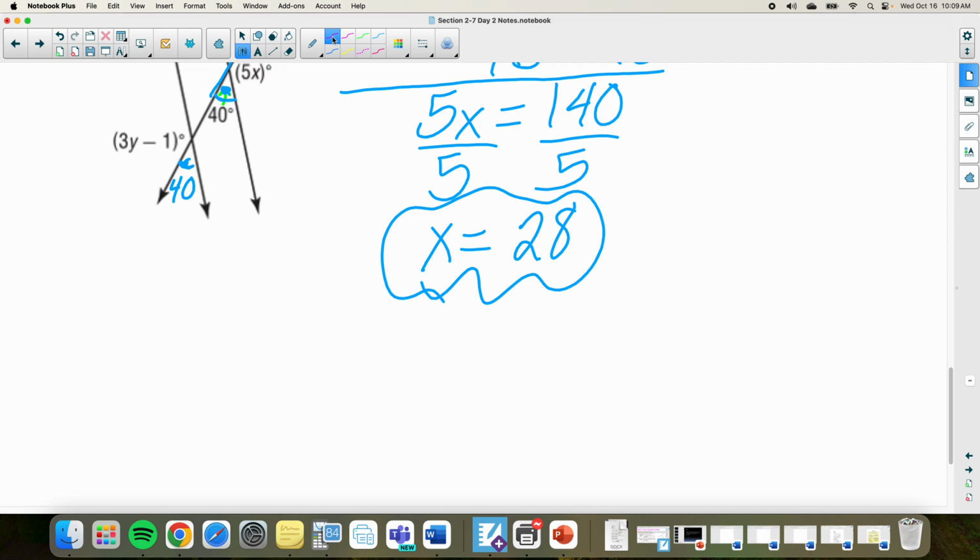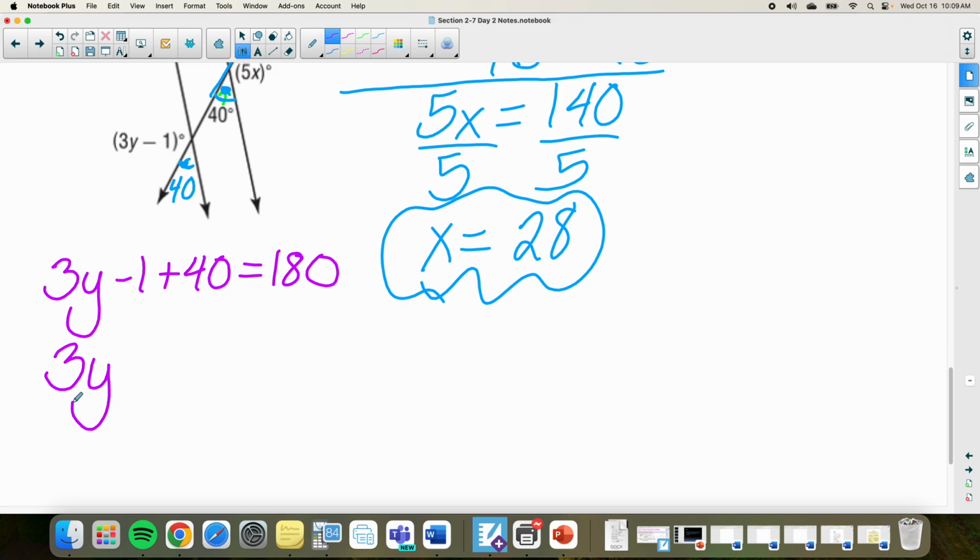They equal 180. So I would go 3y minus 1 plus 40 equals 180. Now, if you guys are doing this today and you get a really wonky decimal, then I would think, okay, maybe I screwed up. Maybe I set it up wrong, or I did my algebra wrong. Negative 1 plus 40 is 39.